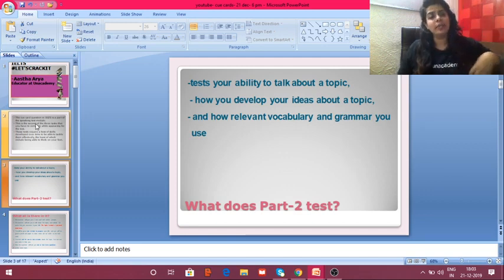And how relevant the vocabulary and grammar you're using are. So there are so many criteria going on in the mind of the examiner, his own interpretations and judgments and assumptions, his or her own experience. So you have to be fluent, coherent, logical, right? And side by side, you should have relevant vocabulary and grammar also.